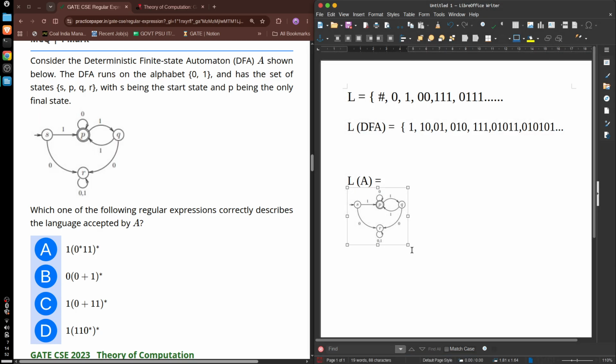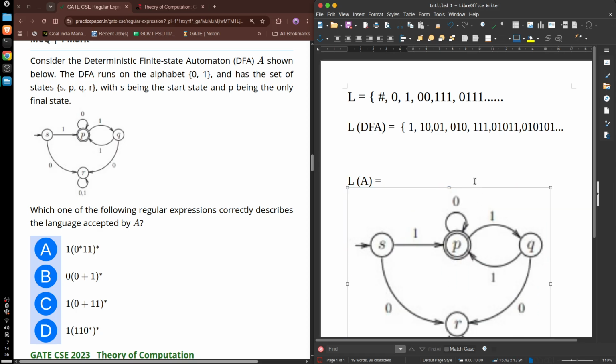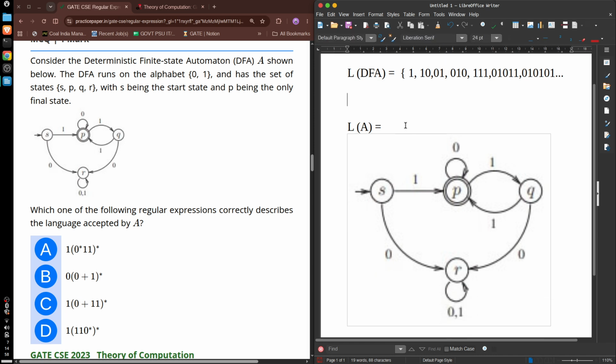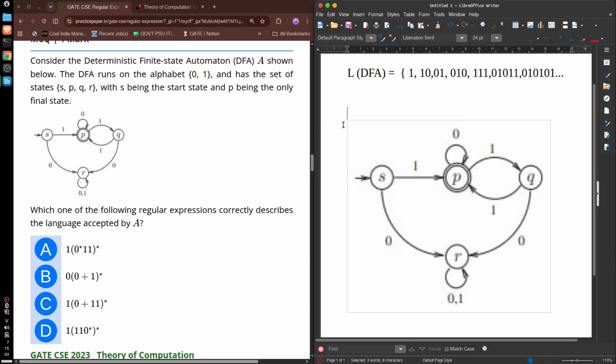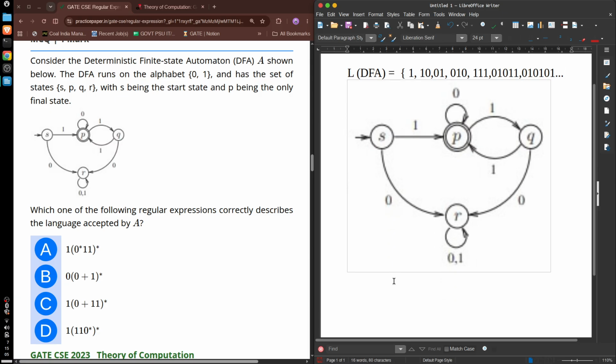Let me see if I can make it bigger. Yeah, we can make it. So the language of this is going to be pretty good, because we can just eliminate this R, and we'll start with this, right?